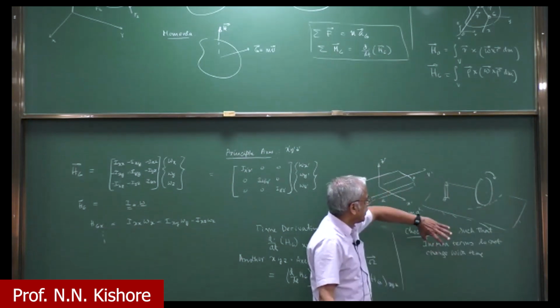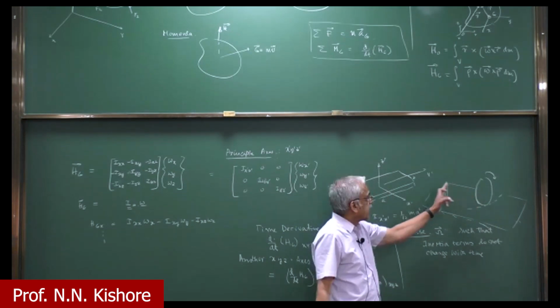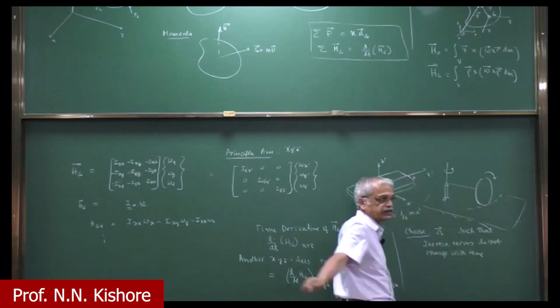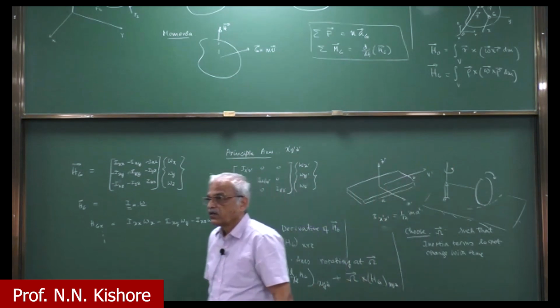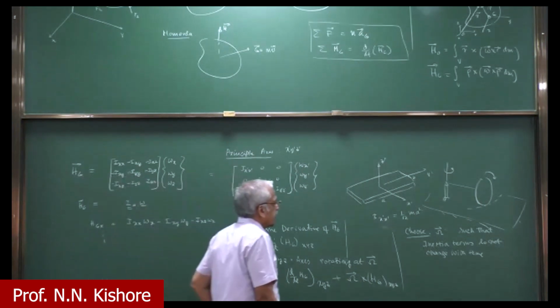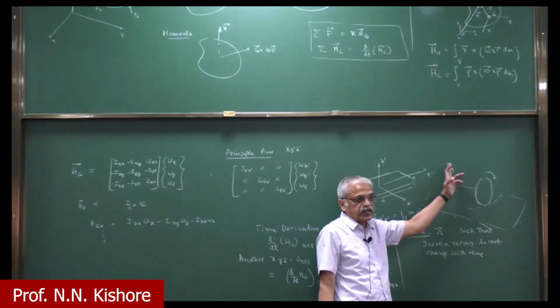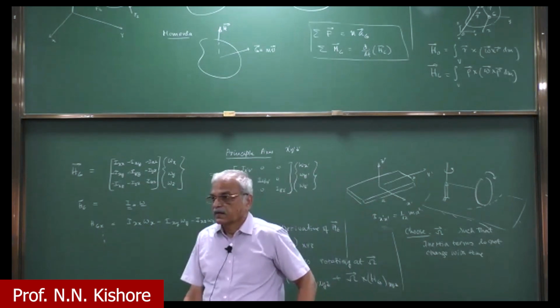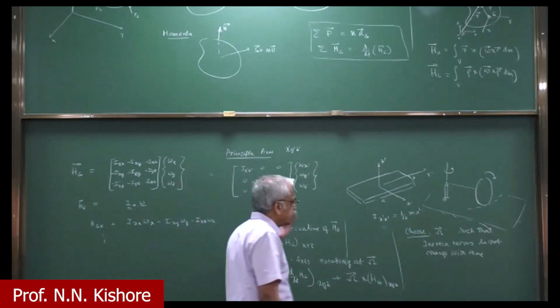So the disk is rotating, as well as the whole thing is rotating about this axis. You understand? So there are two sets of angular velocities. One is the disk, and the whole thing is also precessing about some other vertical axis. So interestingly, we have to see the disk is also moving.